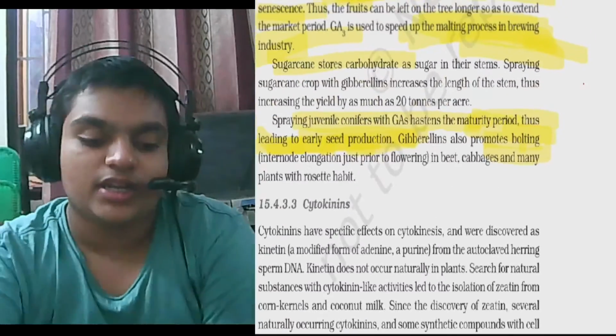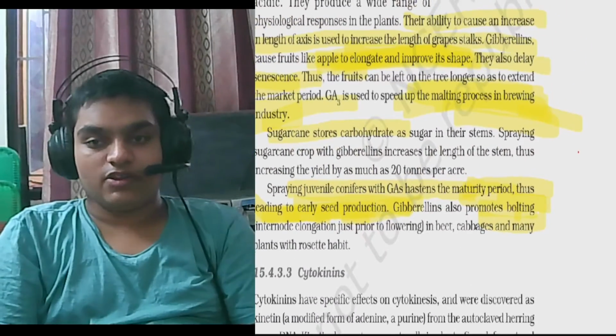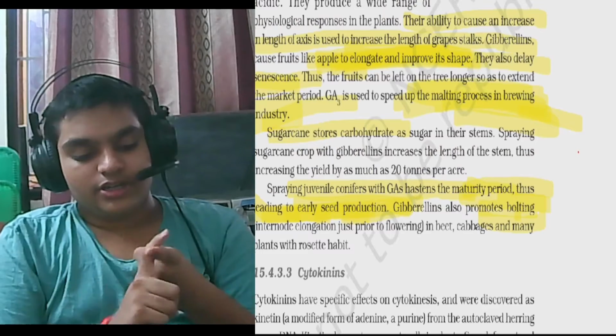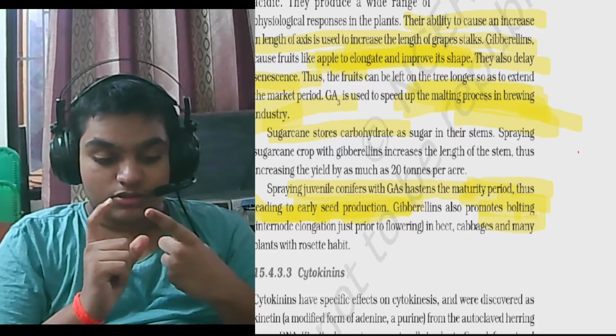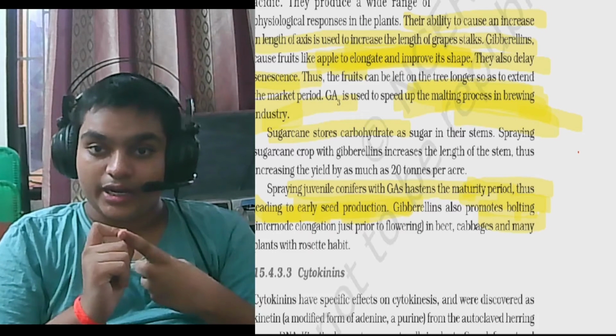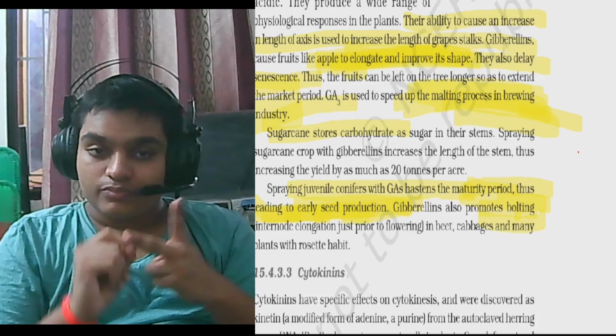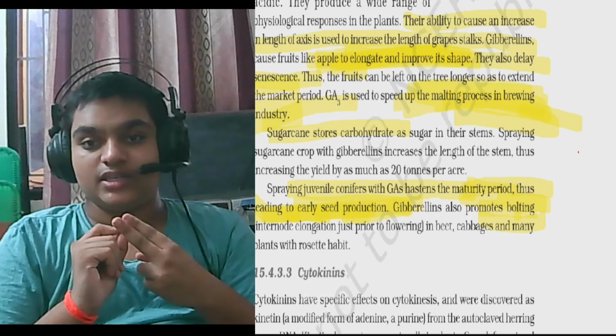Now once again let us read the physiological effects which we have completed. They increase the length of the plants, the length of grape stalks and sugarcanes. Gibberellic acids delay senescence.